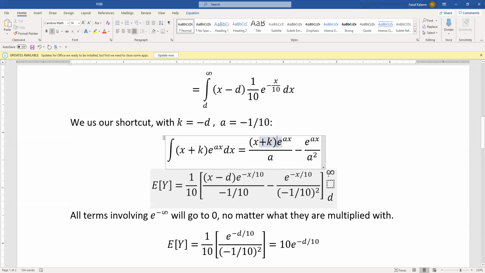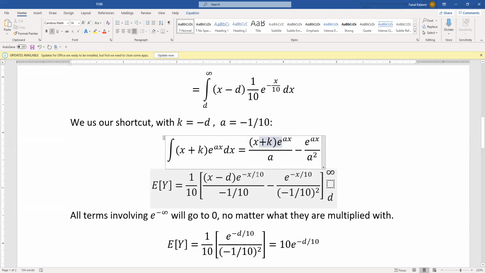Now when you substitute infinity, this is e to the negative infinity, this is e to the negative infinity. Any term which has e to the negative infinity will go to 0 no matter what that term is multiplied with. The terms that are possibly multiplied are polynomial terms, and the 0 that comes from e to the negative infinity always dominates whatever the polynomial gets, even if the polynomial is blowing to infinity.